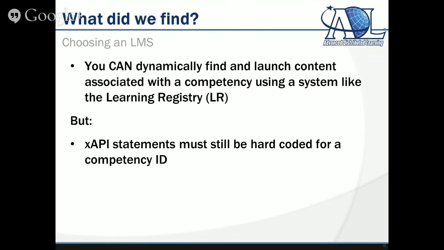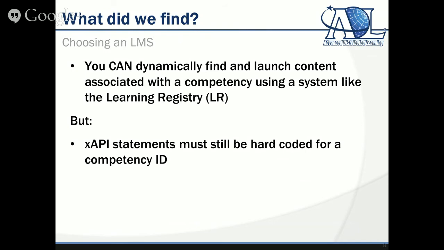It doesn't have to be the Learning Registry, but the Learning Registry is something that we've worked on here at ADL, and the paradata actually seemed like a really good way that if people register content in the Learning Registry, after the fact, different schools or instructors or administrators can associate that content with their competency networks, or they can decide to trust somebody else's competency network. Maybe I just decide I know XYZ instructor at Stanford. He's already gone through and associated competencies with content out of the Learning Registry. I'll just trust what he did and use his. So that all becomes a possibility.